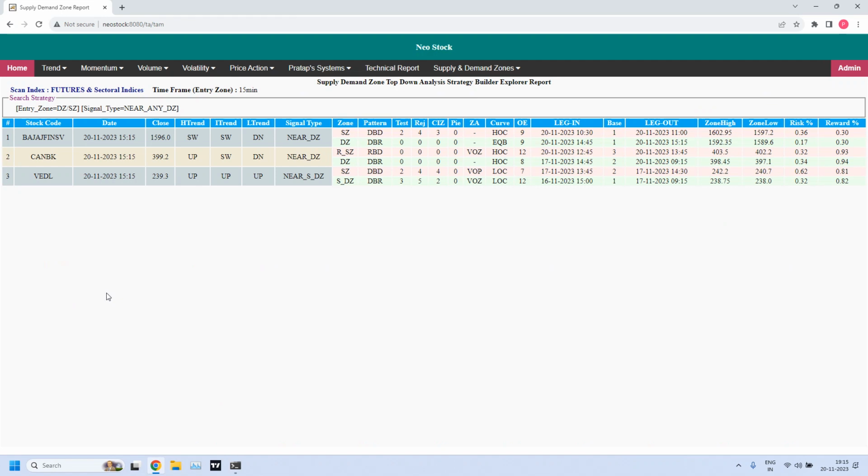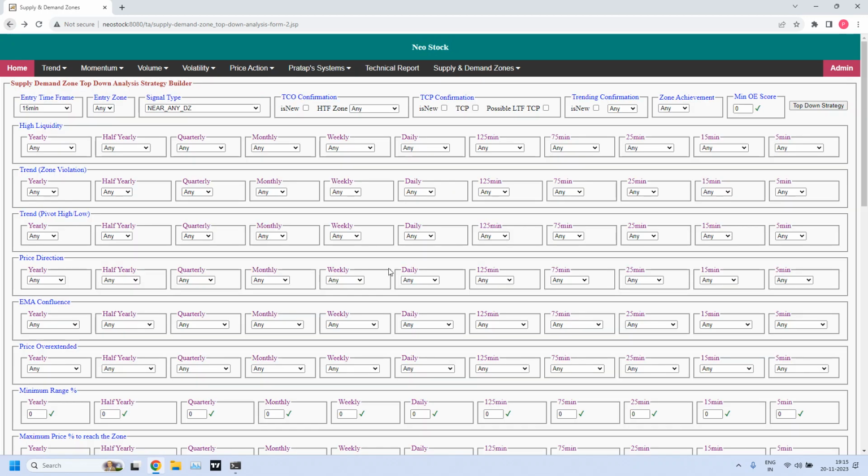So these three stocks are near the 15 minutes demand zone. We have a few high liquidity zones, only one. It already gave 3 tests and 5 rejections. Excellent. EDL. Okay, let's go back.